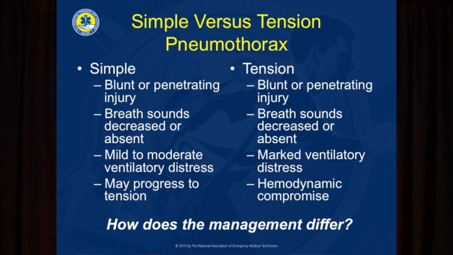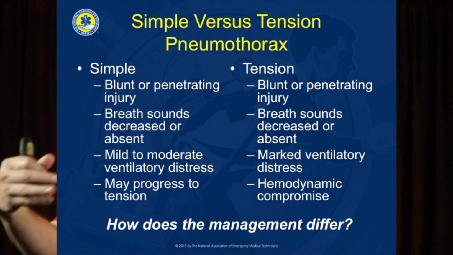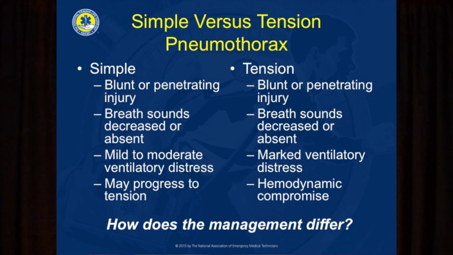A tension is going to have marked ventilatory distress and get worse and worse and worse. All right? It will not get better or stop or plateau. The simples will stop or plateau more likely, but your tensions are continuing to get worse. And as those tensions get worse, you're going to see more hemodynamic problems as that lung starts to shrink and we get a shift in that mediastinum.